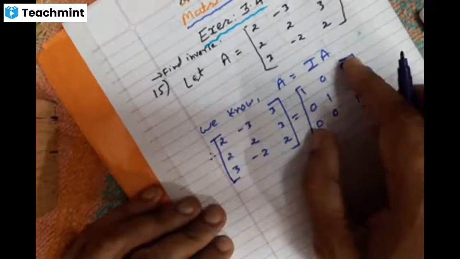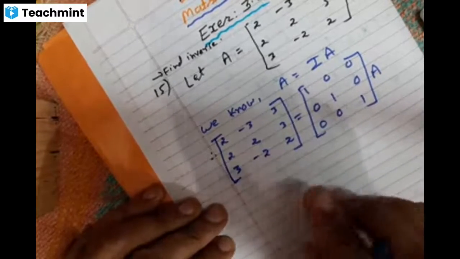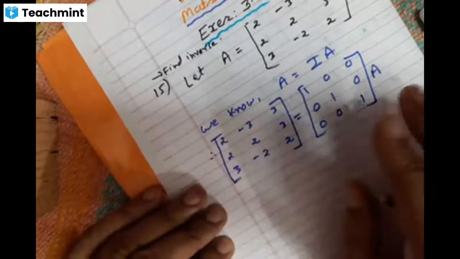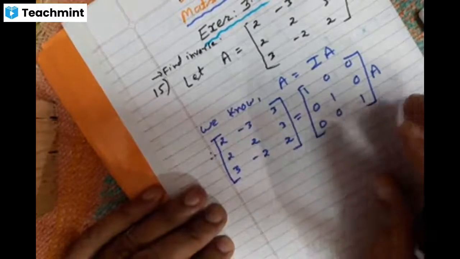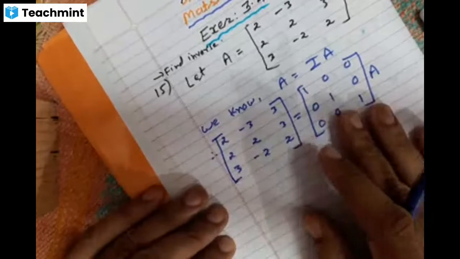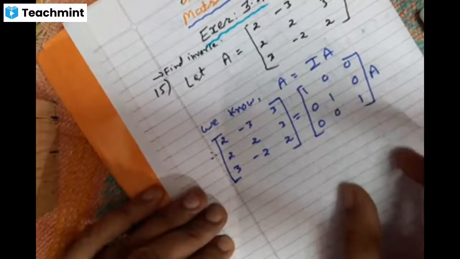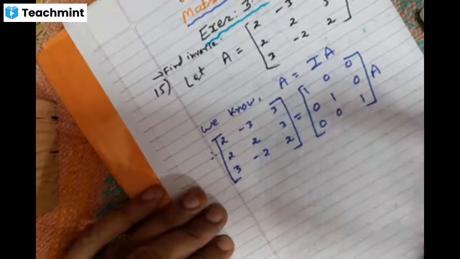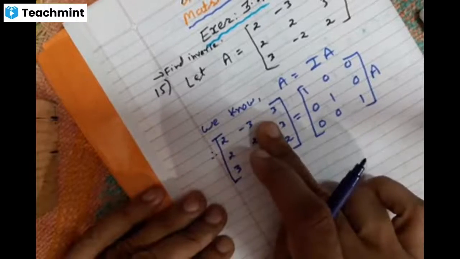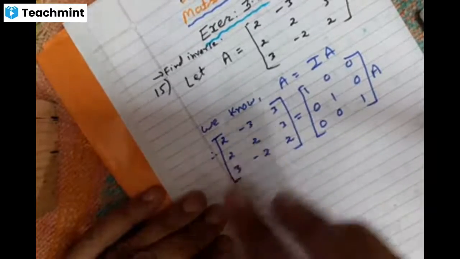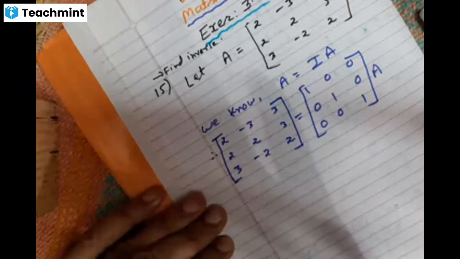Whatever you get on the right hand side will change, because we have to apply the elementary operation on both sides simultaneously. So gradually the I matrix will be changing, and ultimately you will get the inverse. On the LHS, you have to convert this matrix into I, that is 1, 0, 0; 0, 1, 0; 0, 0, 1. That is our goal, our target.